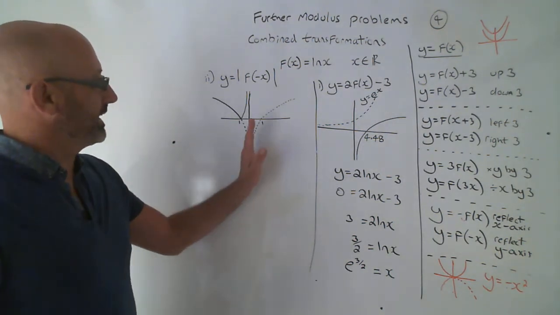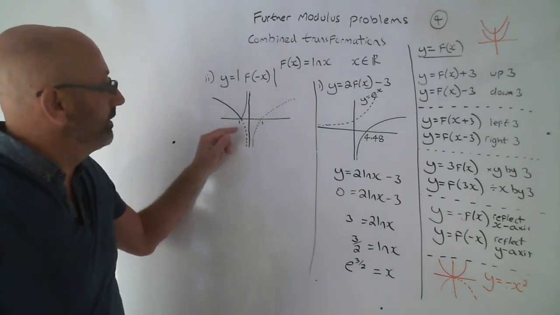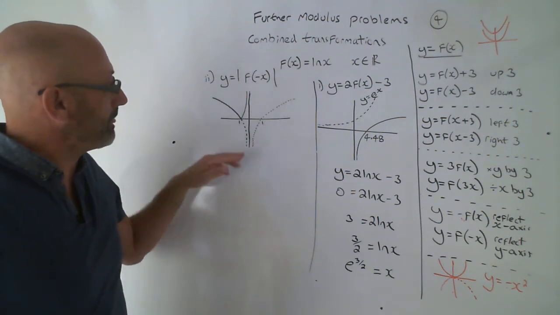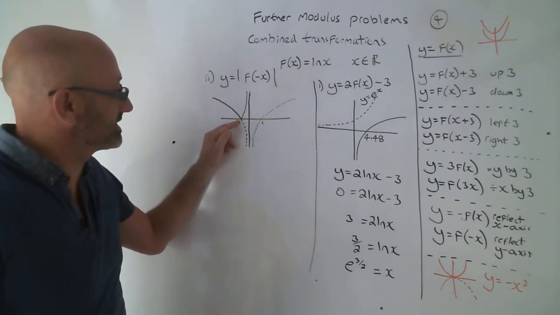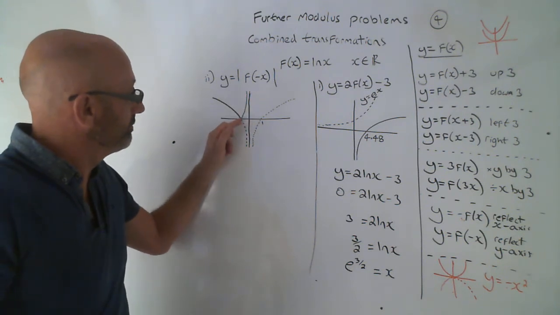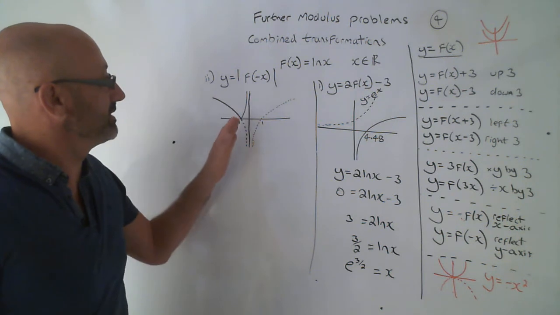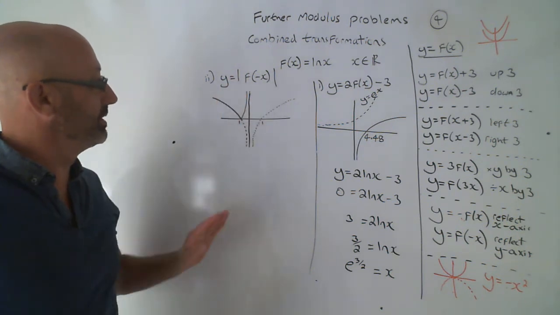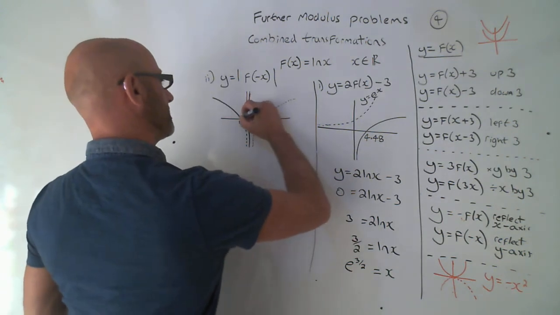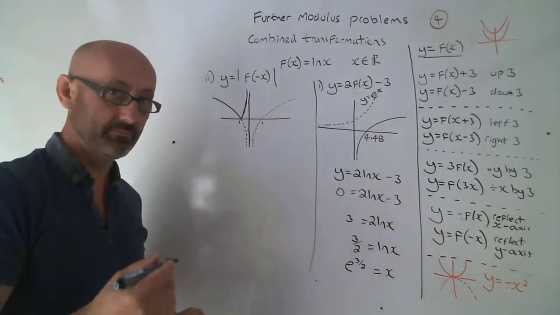That looks a bit complicated, doesn't it? We reflected it in the y-axis, and then because it's the modulus, what was below the x-axis was reflected following that modulus rule. So that is what it would look like. A little bit bizarre, isn't it? But nevertheless, correct.